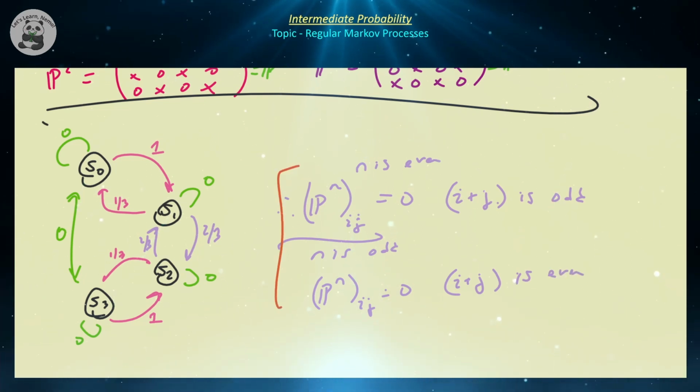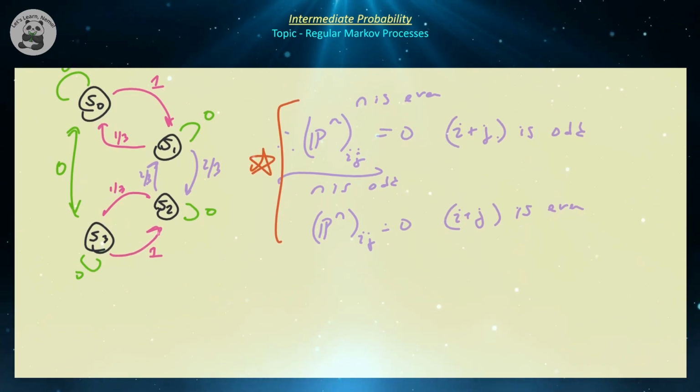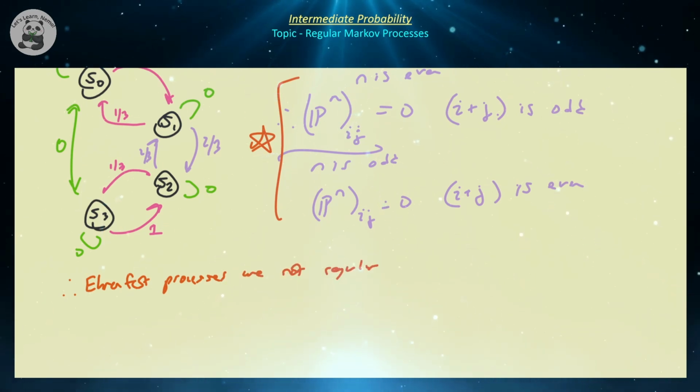Pretty much that structure follows like a reduced echelon form or expansion by minors and cofactor structure. Once you're able to justify these things via dual mathematical induction or whatever principles you may have behind you, you should be able to see that Ehrenfest processes are not regular Markovian processes. So that's kind of sad for the Ehrenfest process.